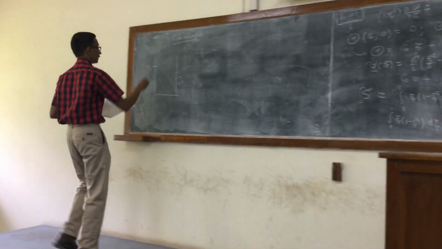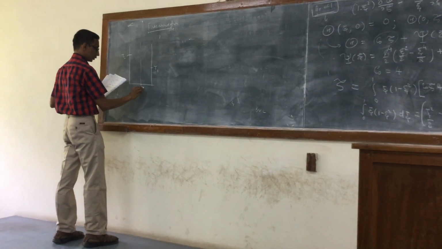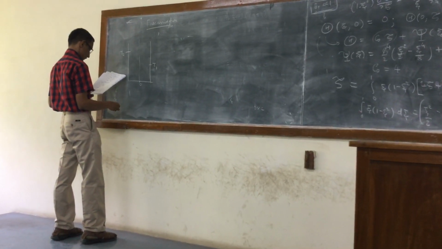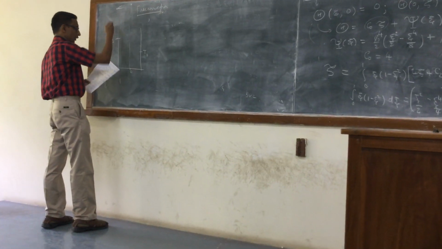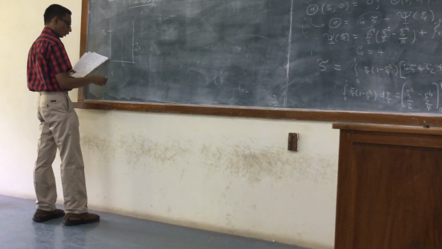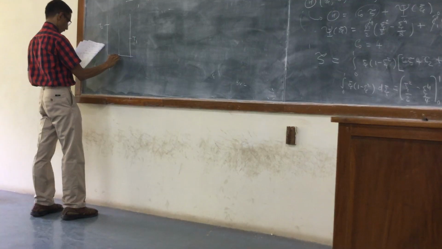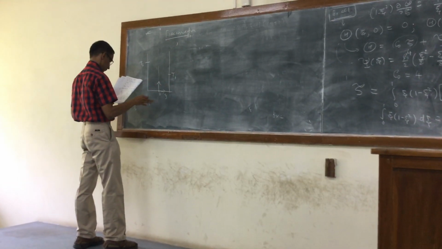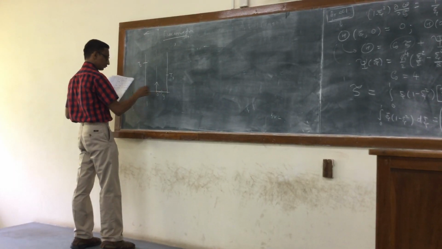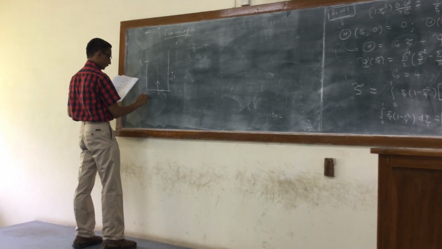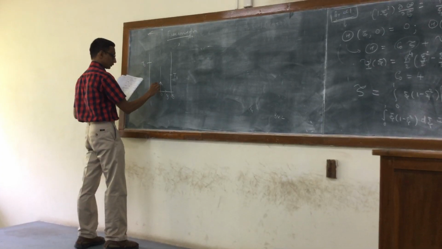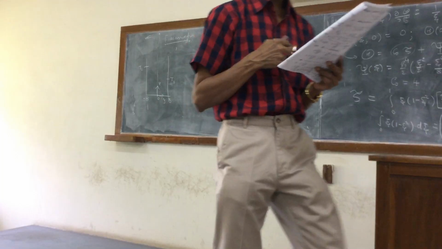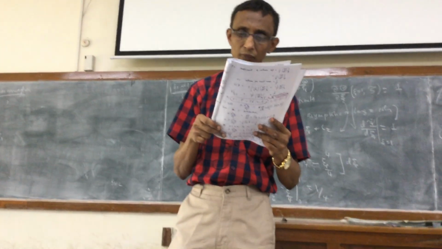This is some kind of a container bounded by these walls, and the y-axis is along this direction, with minus b and plus b marked, and the z-axis is the vertical direction. So this is what we have.